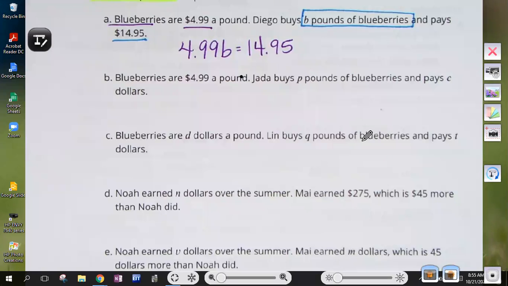Same situation. But now, Noah earned $3 over the cost. I earned $10, which is 45, and then I did, based on the setting, 275.